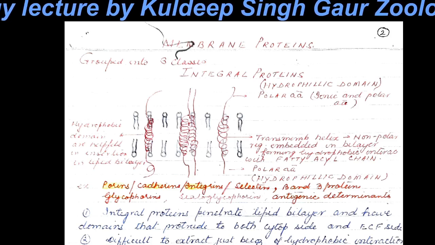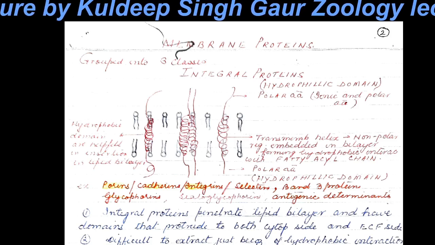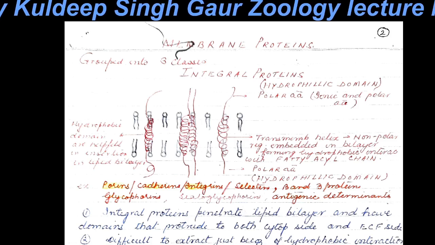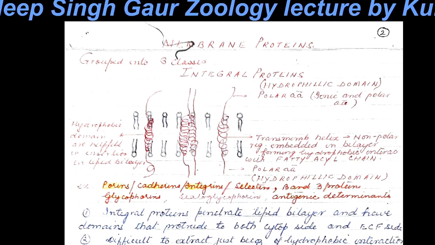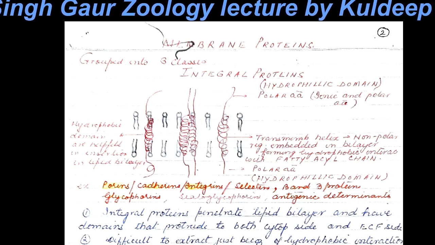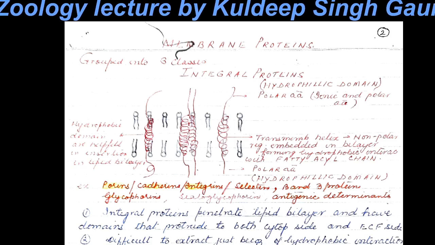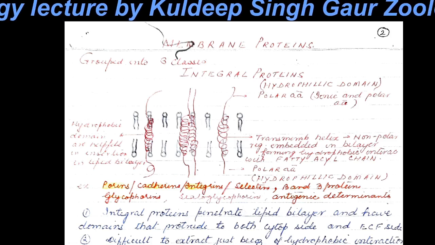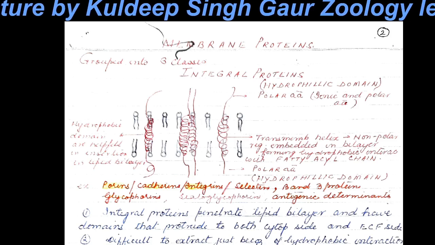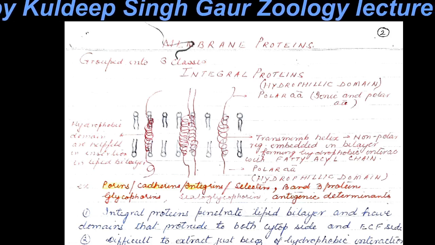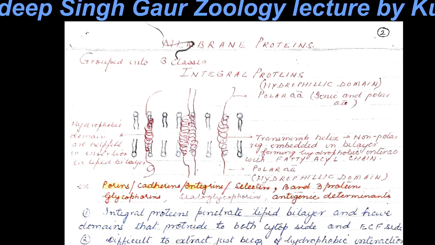The integral proteins, as I told you in the beginning of this lecture, contain a hydrophilic domain which contains polar amino acids, whereas the transmembrane helix is a non-polar region embedded in the lipid bilayer, forming hydrophobic interactions with the fatty acyl chains.